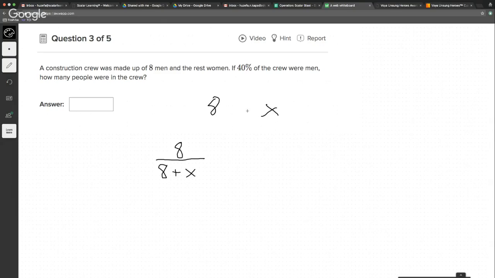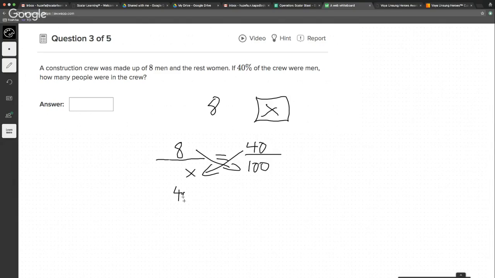So let's say X is just the total. Let's make life simpler. This will work too, it would just be one added step. So X equals total equals 40 over 100. You've got this proportion, you can cross multiply. This guy goes here and this guy goes here.